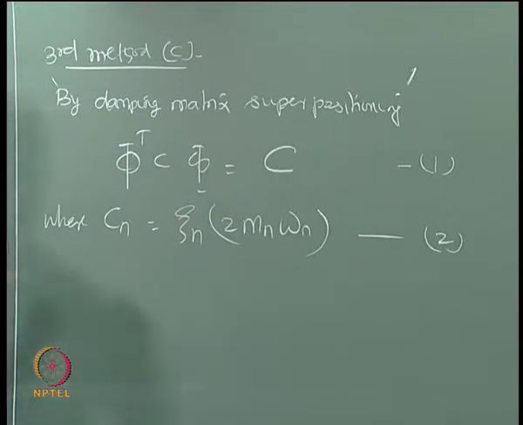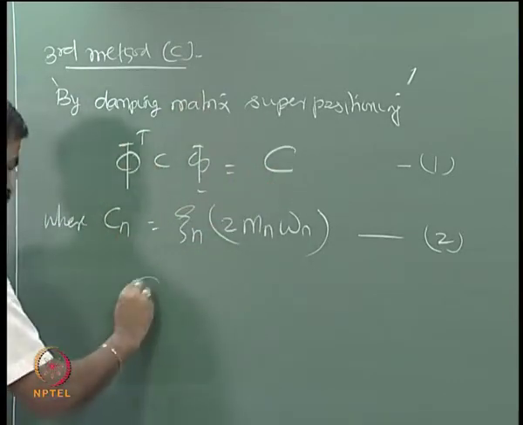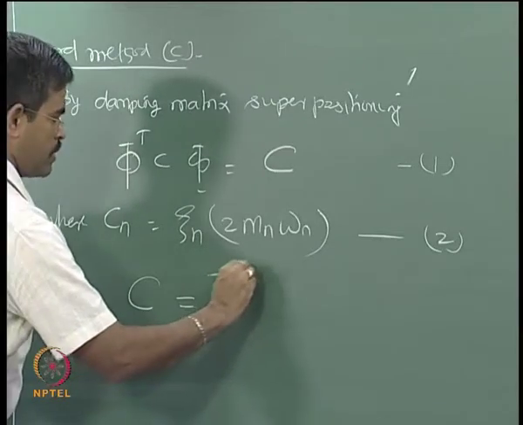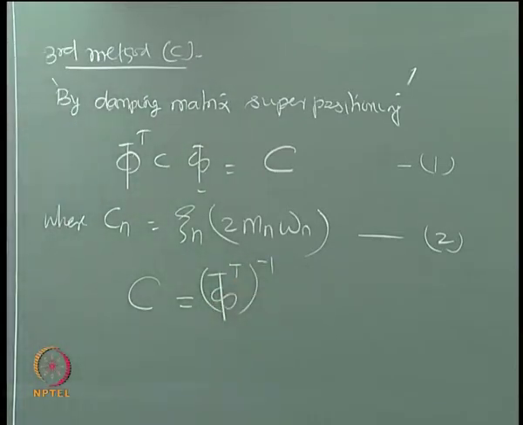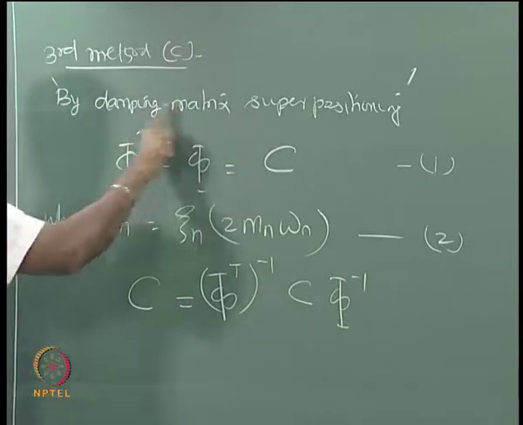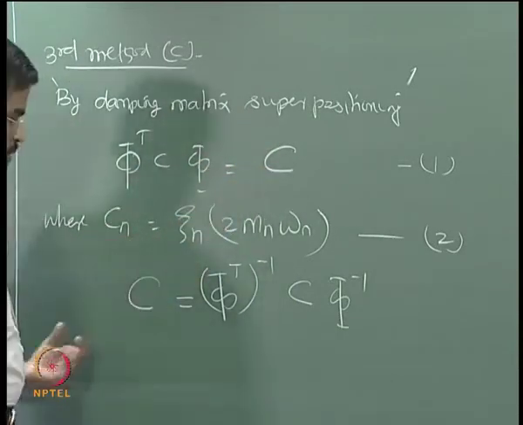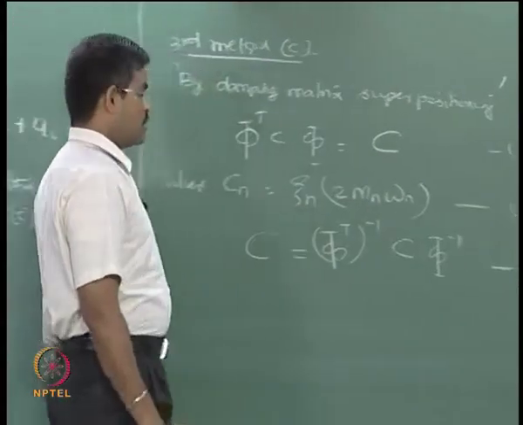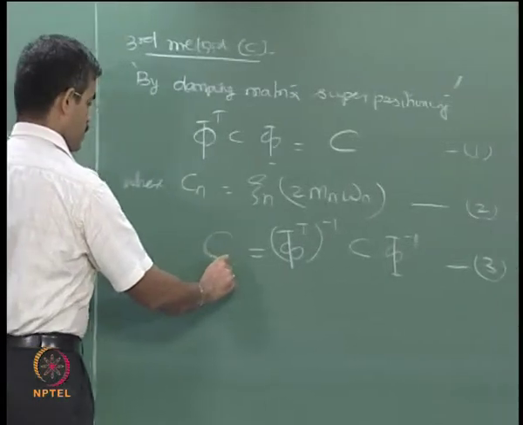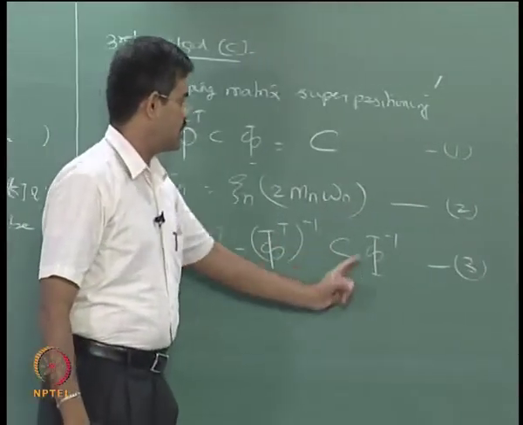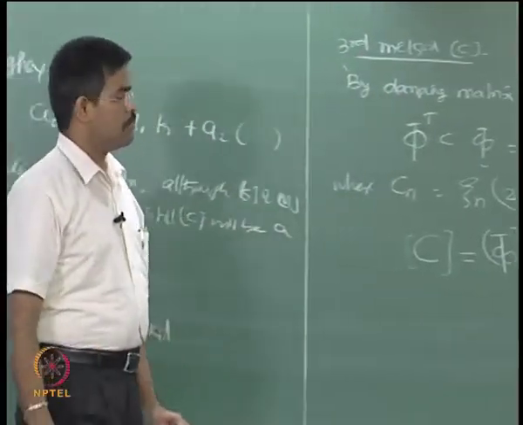So from this equation I can find C as phi transpose inverse C phi inverse. Just do a mathematical manipulation, pre multiply and post multiply, and you can find C from this equation. Now, equation 3 will give you the C matrix completely, but since two matrix inversions are involved, this is again computationally complex.